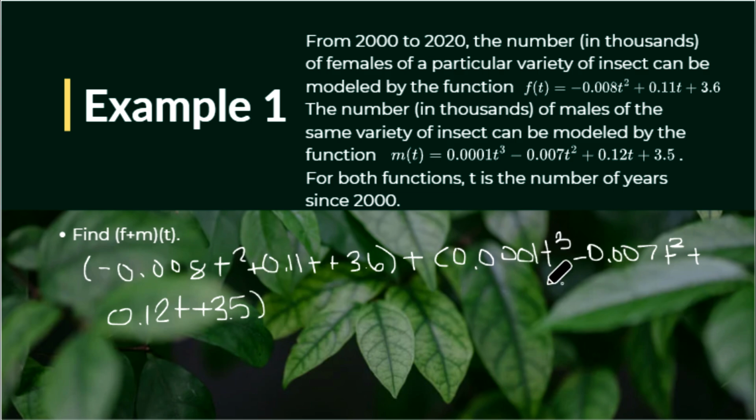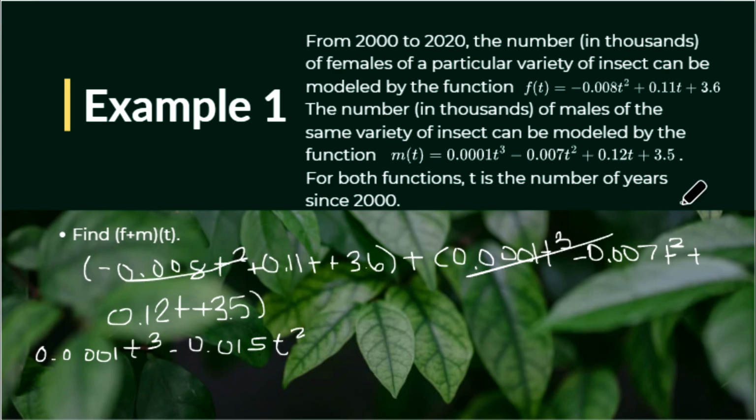So let's do it in the correct order. We're going to start with our highest power, which is t cubed. So we have 0.0001 t cubed. Now we need to do the t squared. We have negative 0.008 and negative 0.007, so that's going to be negative 0.015 t squared.